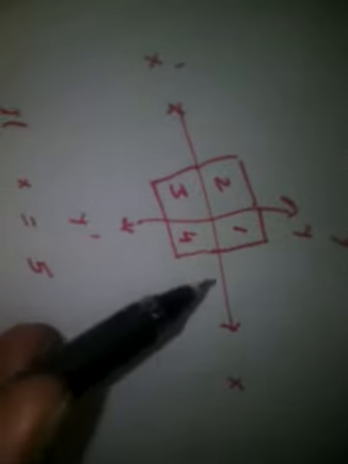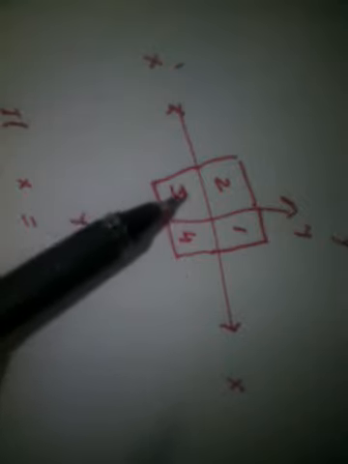Due to that, we have considered in quadrant 1, if x is 5 centimeter and y is 5 centimeter, then this becomes 25, area becomes 25 centimeter square. Then in quadrant 2, because we have taken x-axis minus 5 and y is 5, that becomes minus 25.